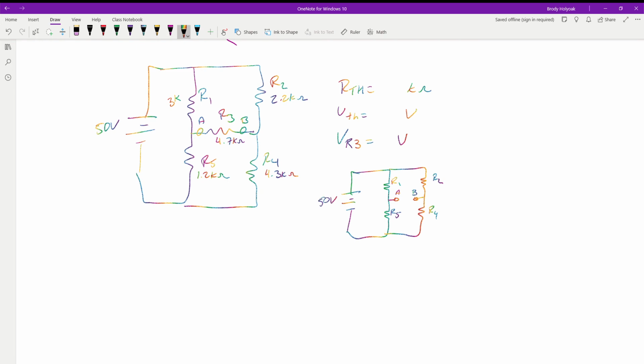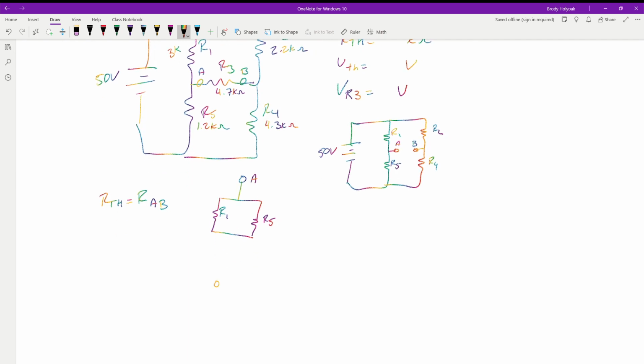So then what we need to find is our R Thevenin. R Thevenin is equal to the resistance from points A to B. So for our R Thevenin redraw, we start drawing with point A. Point A is connected to two resistors, R1 and R5. R1 and R5 are connected together.